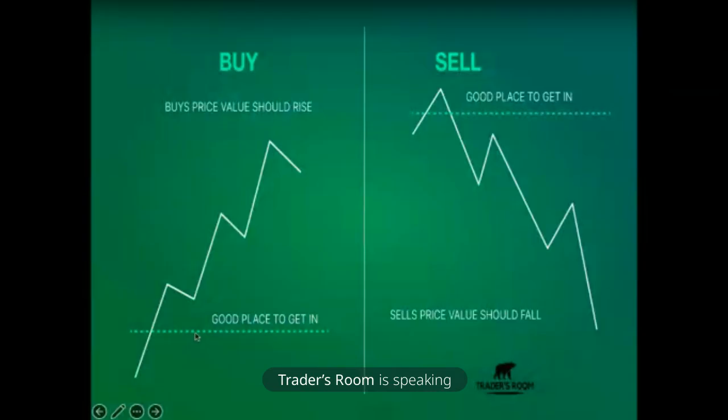So let's see a clear example of what we mean by that. When the market is going upward, when we are buying, which means the market is moving from one price to another price, increasing in value, in some cases we call that nature of the market a bullish market.